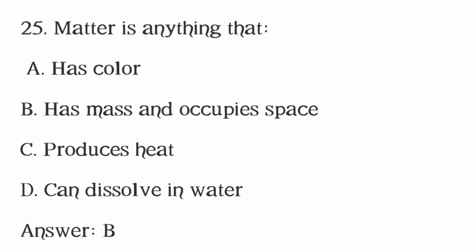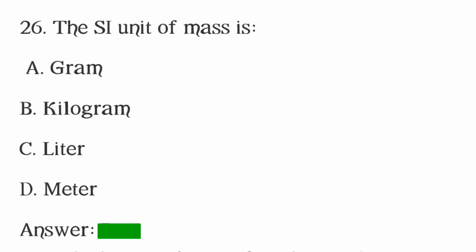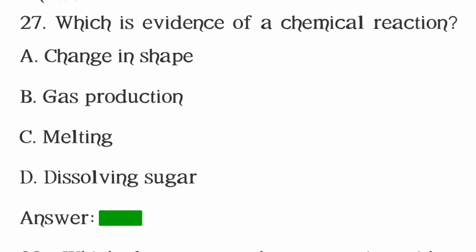Answer, B. 26. The SI unit of mass is A. gram, B. kilogram, C. liter, D. meter. Answer, B. 27. Which is evidence of a chemical reaction? A. change in shape. B. gas production.